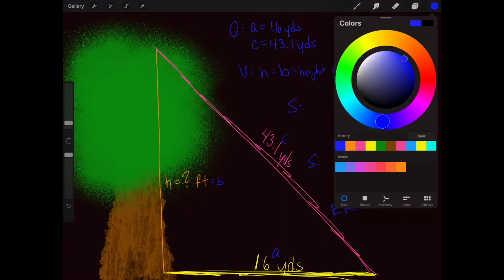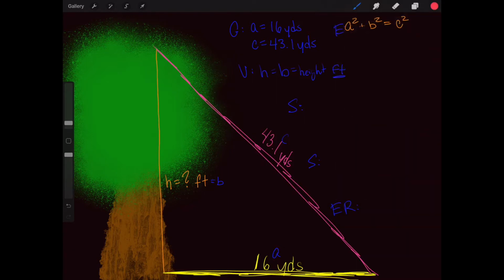So if we look at that and just think about it for a second, we're looking for B right here. We have C, we have A. So I'm going to at least rearrange the equation first before I substitute. So B squared equals C squared minus A squared.